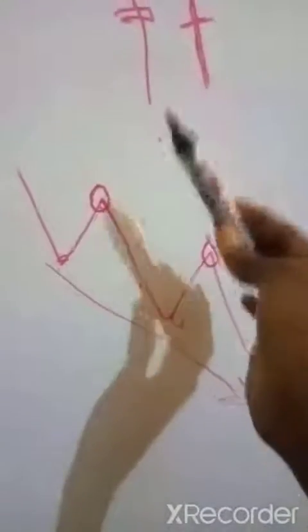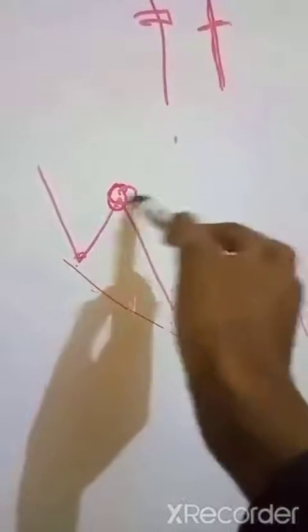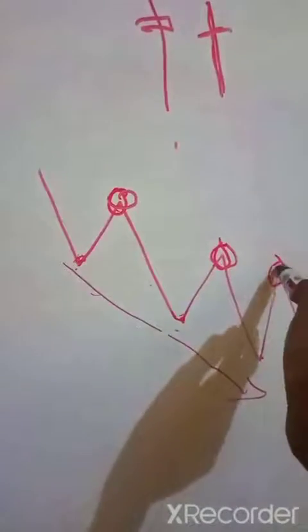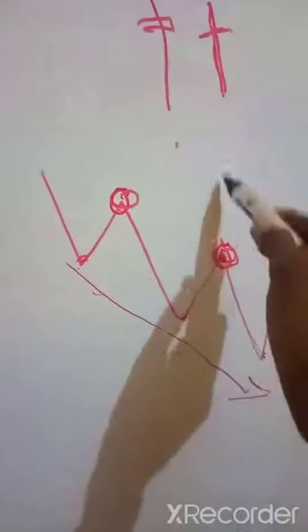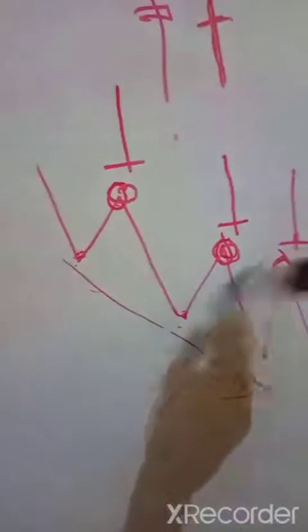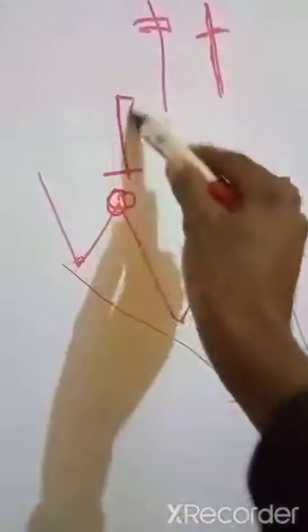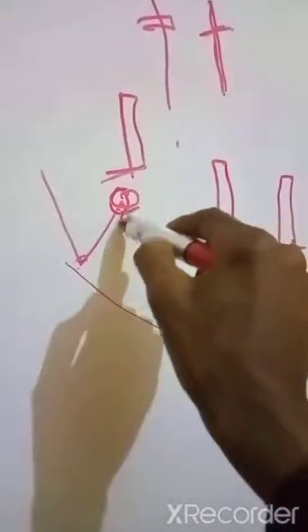So your key points here are these points. You need to identify these points. You need to see this candle here, like that, like that. Or if it's an engulfing candle, you need to see it right there on these points.